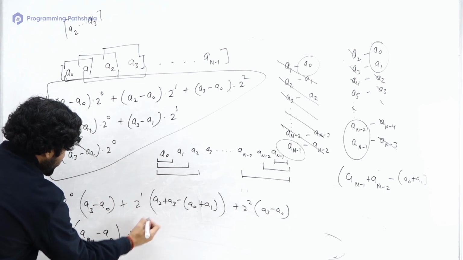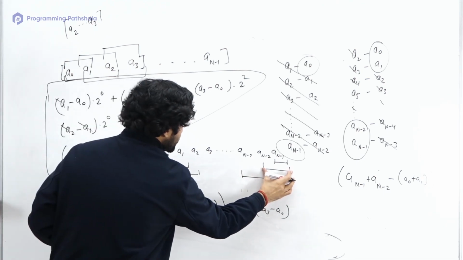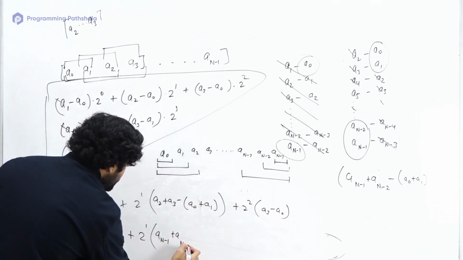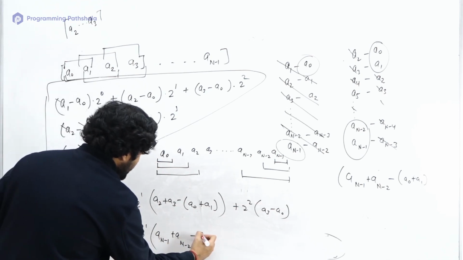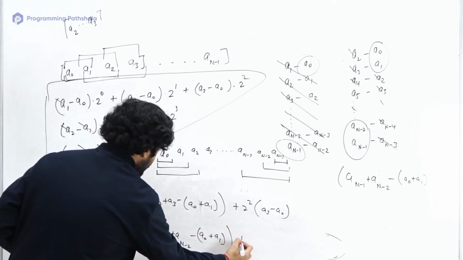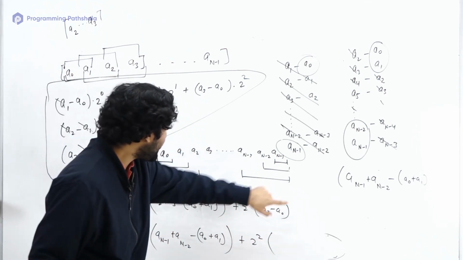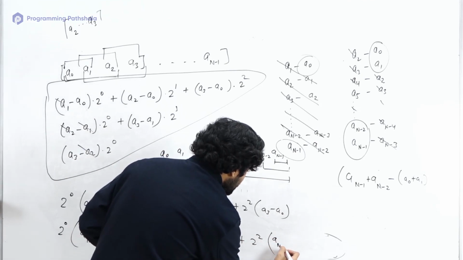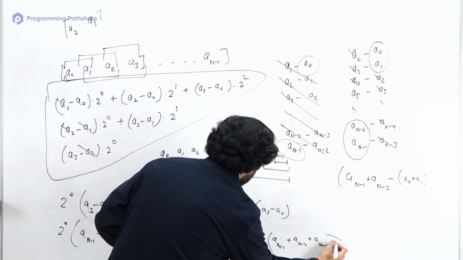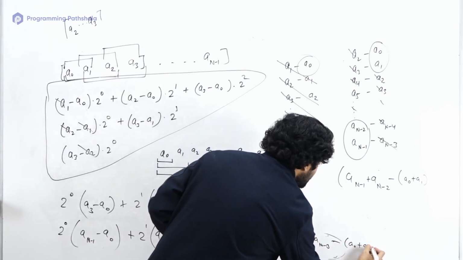The contribution of this will be 2 raised to power 1 multiplied by what remains from here, which is a(n-1) plus a(n-2) minus a0 plus a1. The contribution of 2 raised to power 2, what will it be? From here you have a(n-1) plus a(n-2) plus a(n-3), and what do you have from here? You have a0 plus a1 plus a2.